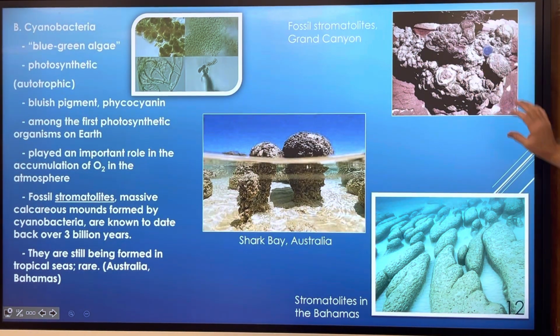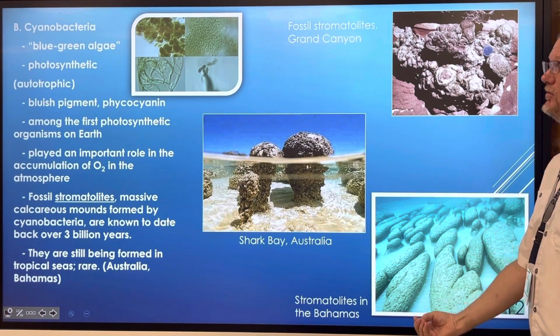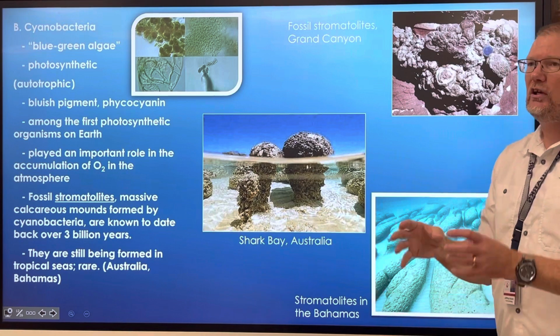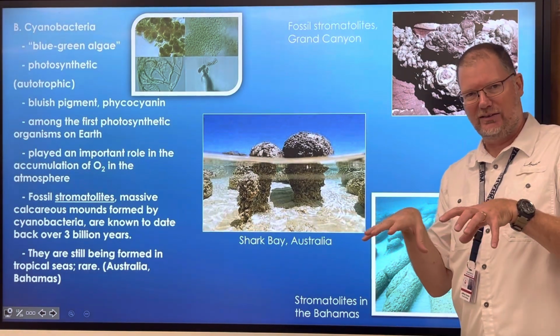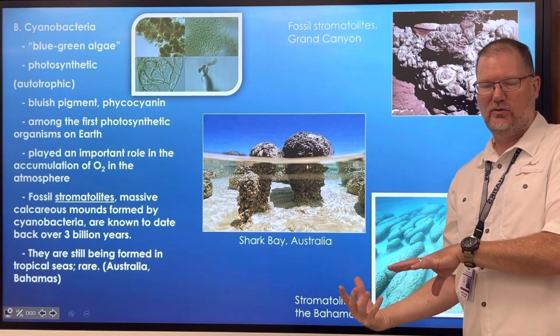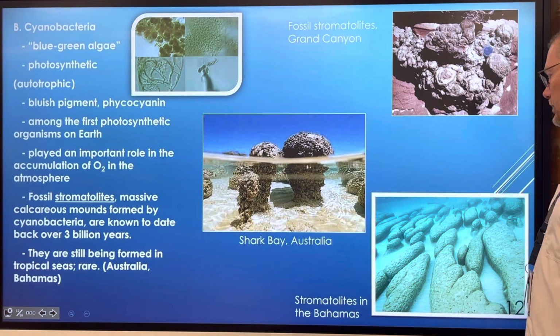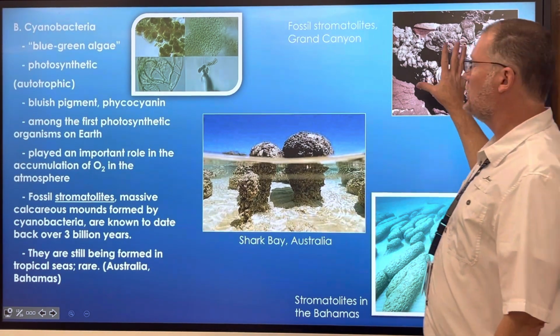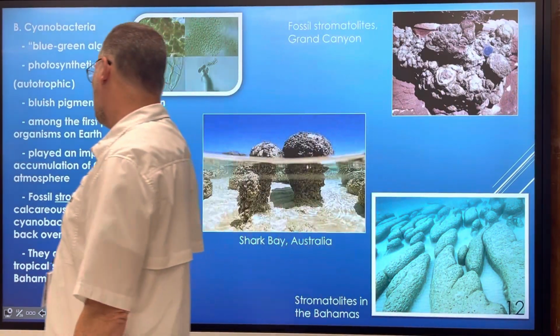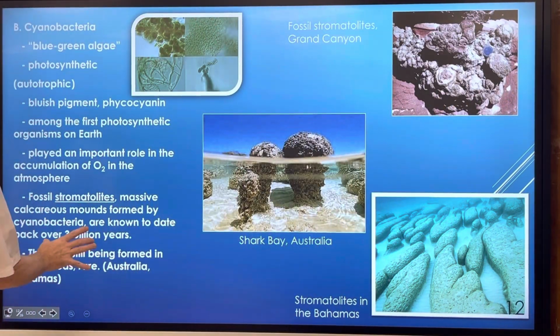So here are some stromatolites that are built by these cyanobacteria. Just like coral builds a skeleton, these bacteria build a skeleton as well. Here are some in Australia, Bahamas, and then fossilized ones that are over 3 billion years old. And they're still being formed in these areas.